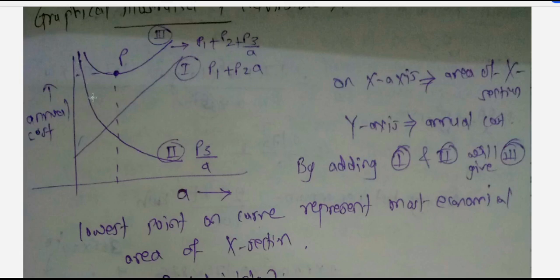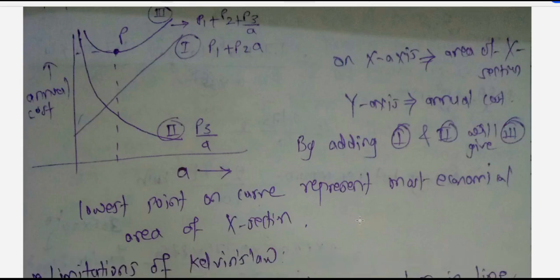The graph of 2 is P3 by A. By adding these two we get the third, the resultant, which is P1 plus P2A plus P3 by A. Now we are interested in finding the lowest point on the curve, which represents the most economical area of cross section.